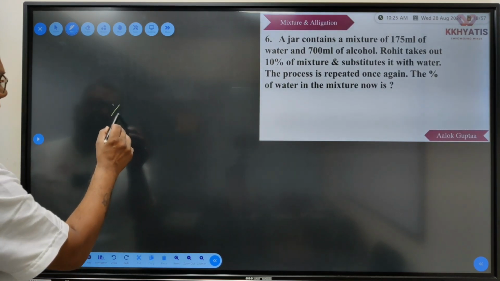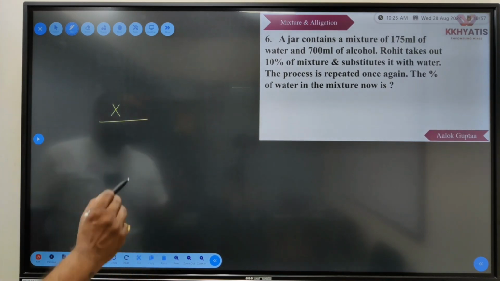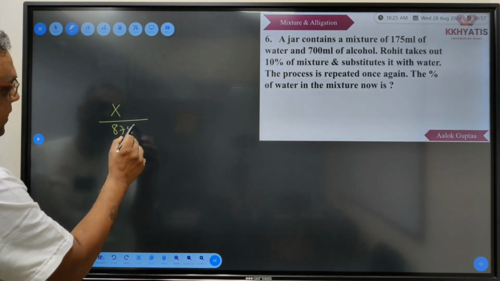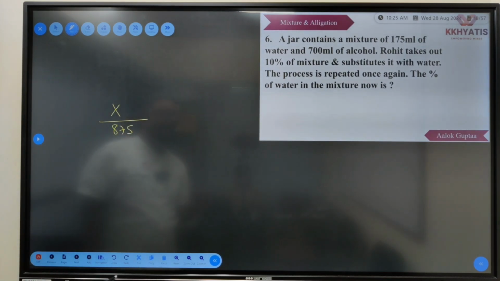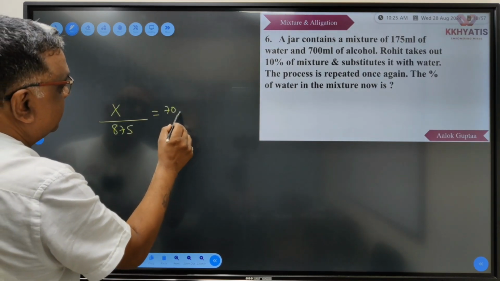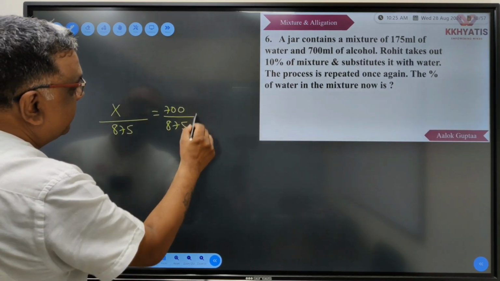So final quantity of alcohol, I will assume it as X. Initial total quantity, final total quantity would be 700 plus 175, 875. And initial quantity of alcohol is 700. Initial total quantity is still 875.